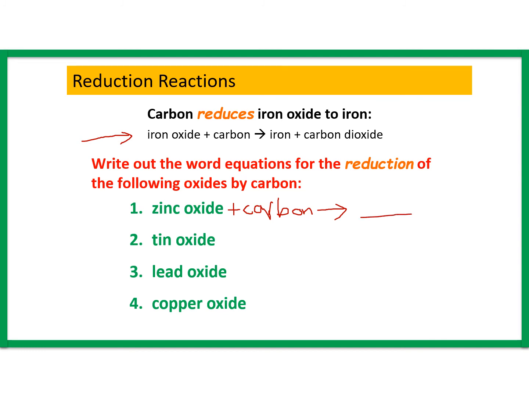And you're going to have two products each time. And I'm going to let you try and work out what those products are. So have a go. Use the equation at the top here to help you to work out what would happen each time. They all follow the same pattern. Pause this now. Have a go. When you're ready to mark your answers, press play.